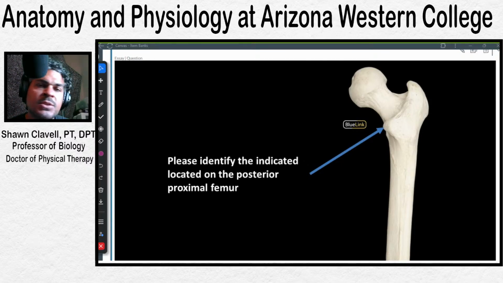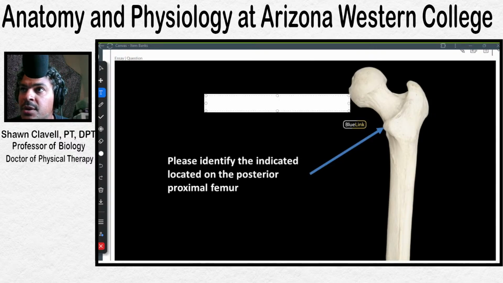I'll fix this question here, but identify the indicated feature located on the posterior proximal femur. This is actually called the lesser trochanter. So what I would write for an answer here would actually be lesser. Let me try that again because I missed.